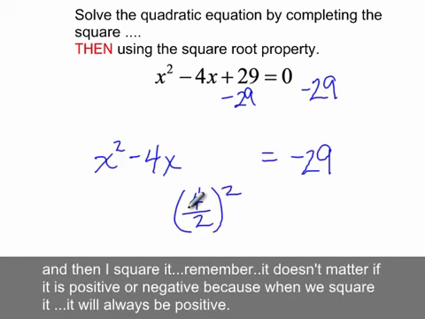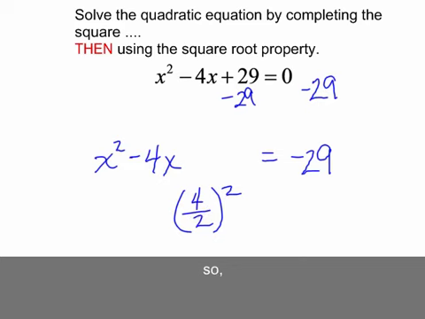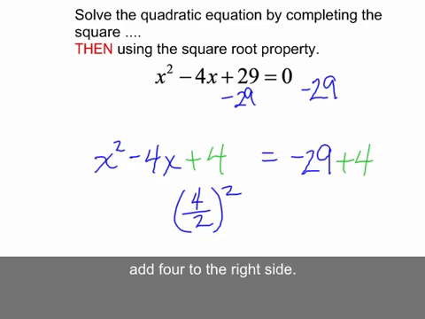Now remember, it doesn't matter if it's positive or negative, because when we square it, it's going to always be positive. So 4 divided by 2 is 2, and 2 squared is 4. So I'm going to add 4. But if I add 4 to the left side, I have to add 4 to the right side.